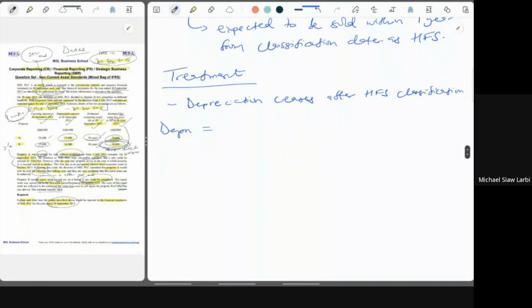So our depreciation will be 15 million divided by 30 years, but times what? 9/12. Why 9/12? Because for a 3 month period, the last 3 months of the current financial year, we were in the held for sale classification era, right?